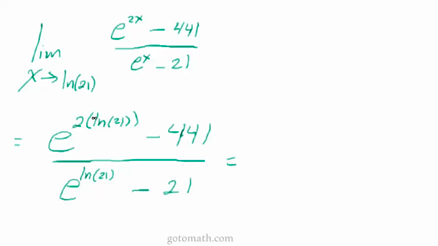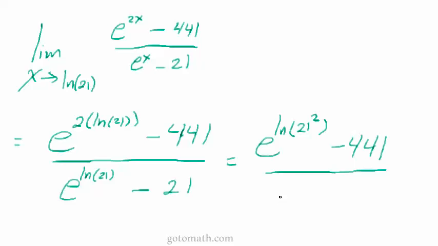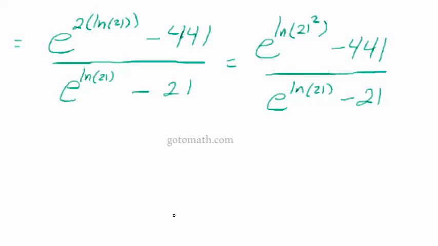Now this up here can be rewritten using log properties. You can bring the 2 up, so this becomes e to the natural log of 21 squared, minus 441 over e to the natural log of 21 minus 21.